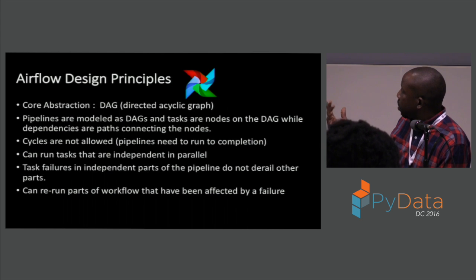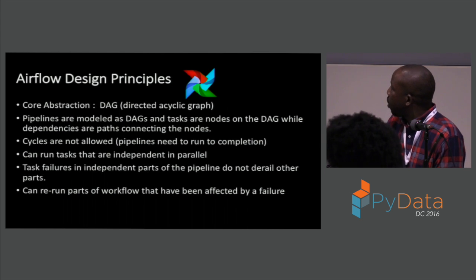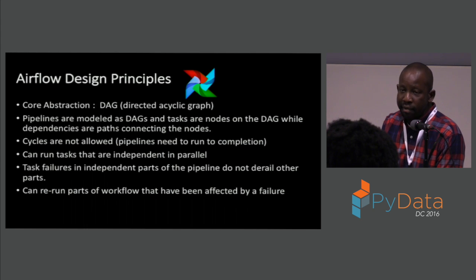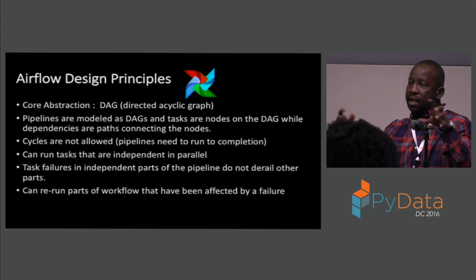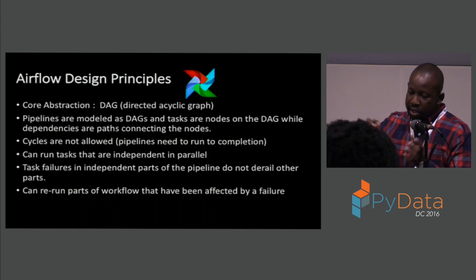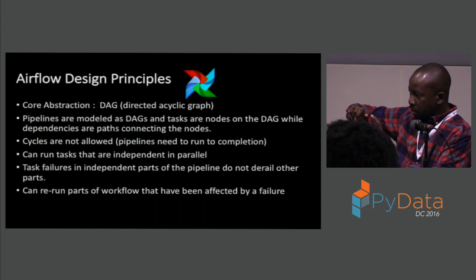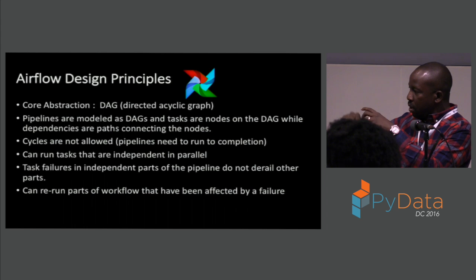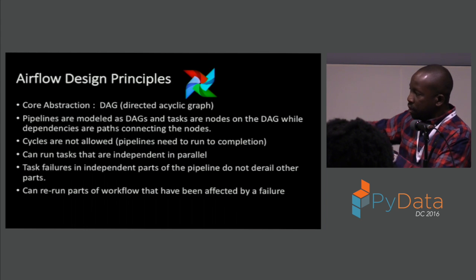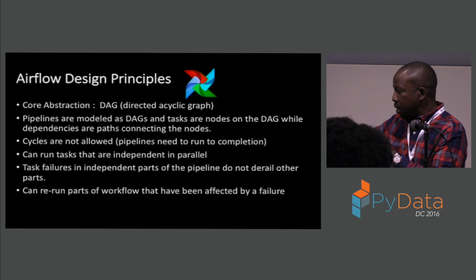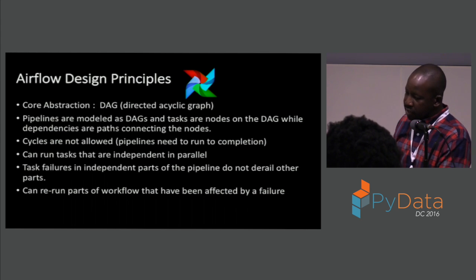So some of the design principles behind it: the core abstraction is a DAG, a directed acyclic graph. The pipelines use a directed acyclic graph to capture the dependencies, if one task is dependent on another, all the way down to the end of the graph, the final stage.